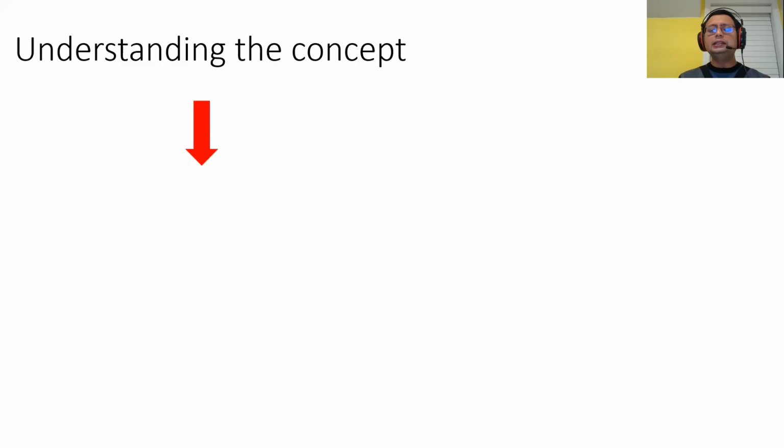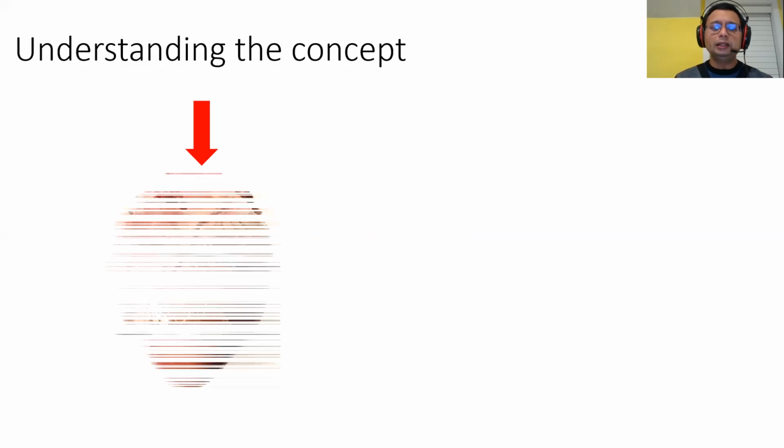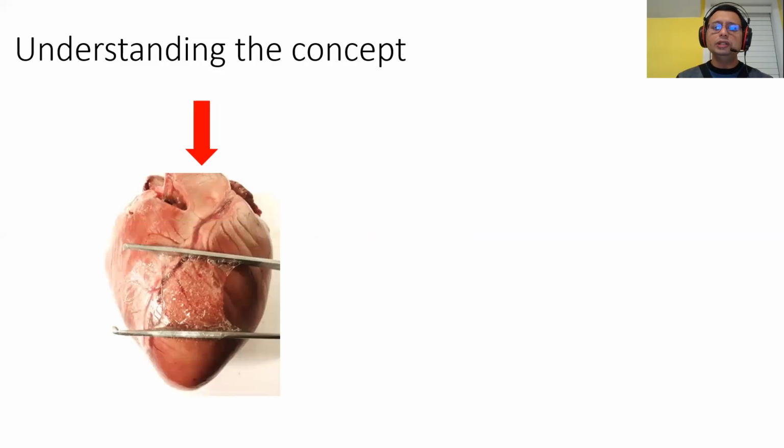Now let us understand the concept. Remember, diastolic dysfunction is about impaired relaxation. So the first question that we always have to ask ourselves is, what is the status of the left ventricle? Is the left ventricle diseased or not diseased? Now, if the left ventricle is not diseased, you don't have diastolic dysfunction, as simple as that.